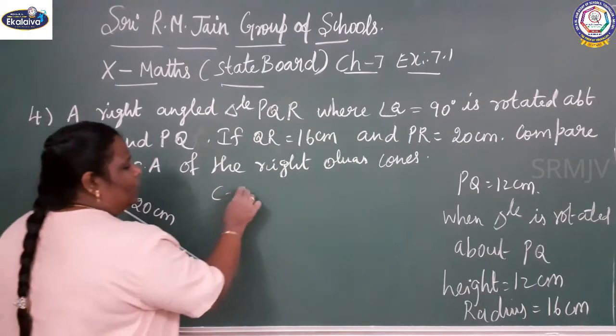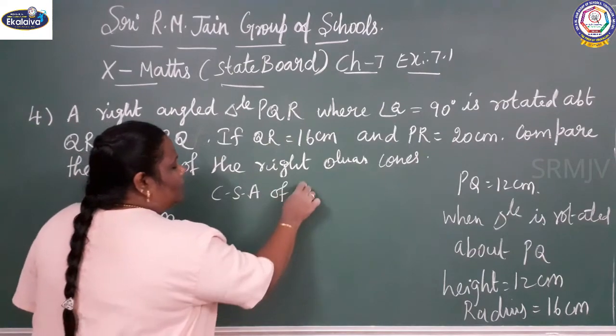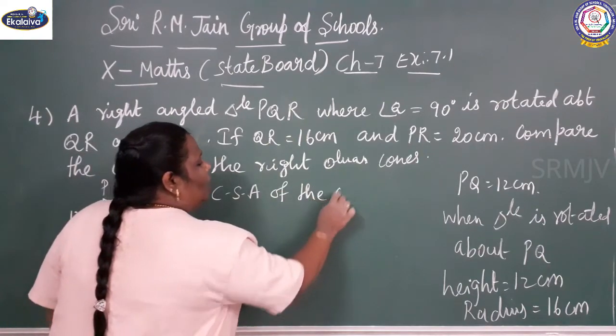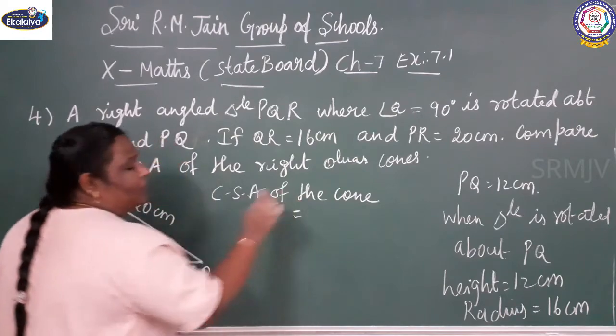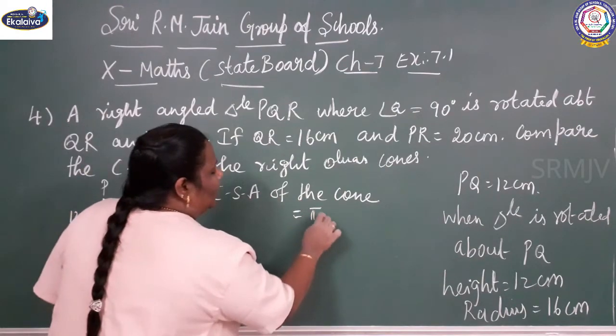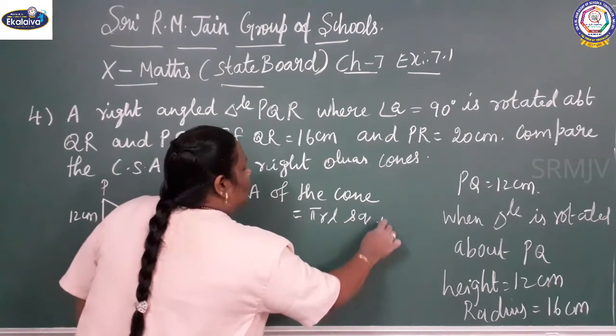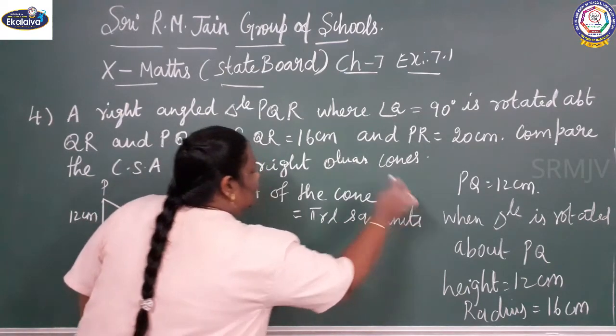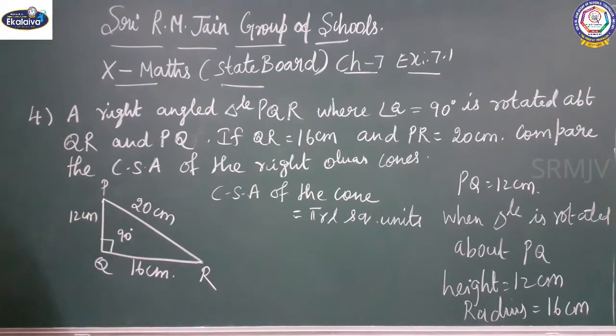Curved surface area of the cone. What is the formula for curved surface area of the cone? Pi r L square units.